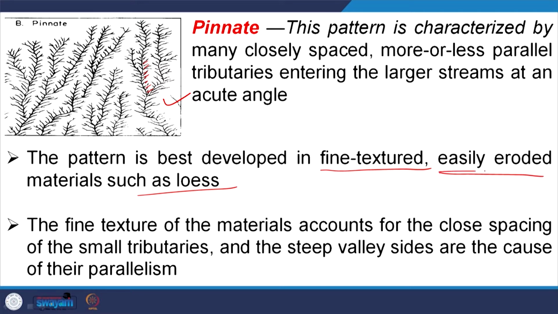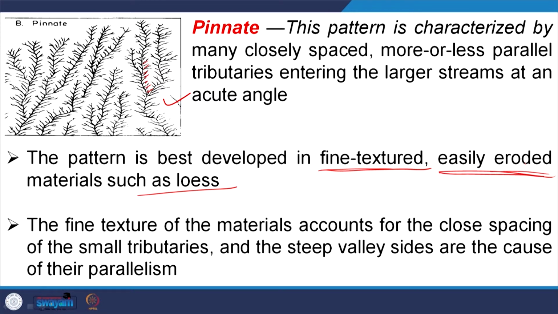Mostly it is gully type of appearance, and here fine texture and more erodable material will be there. The fine texture of this material accounts for close spacing of these small tributaries, and steep valley sides are the cause of their parallelism.